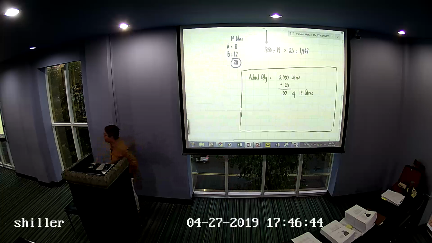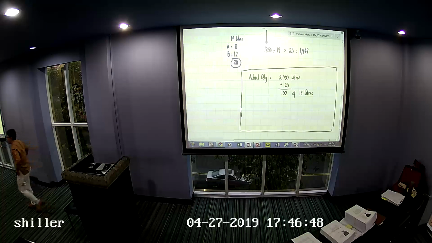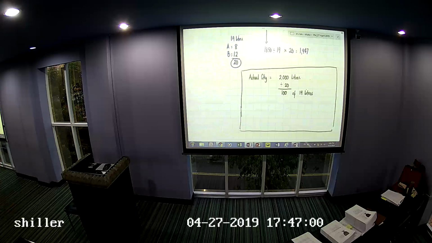Look at the problem again. It says you need 20 liters. Why 20? 8 and 12, correct? To make how many liters? 19, correct? So if I have 2,000 liters, I divide by 20, means I can make 100 of 19 liters. Again, I will repeat.